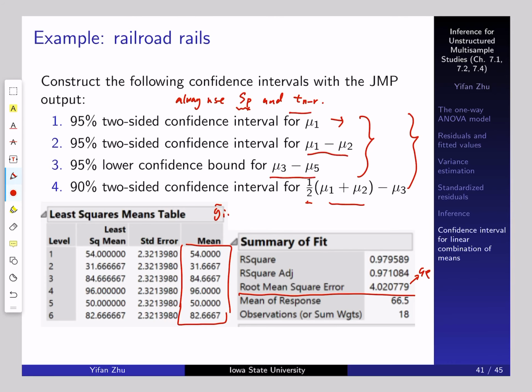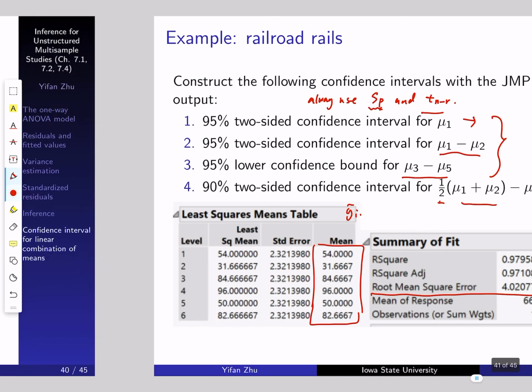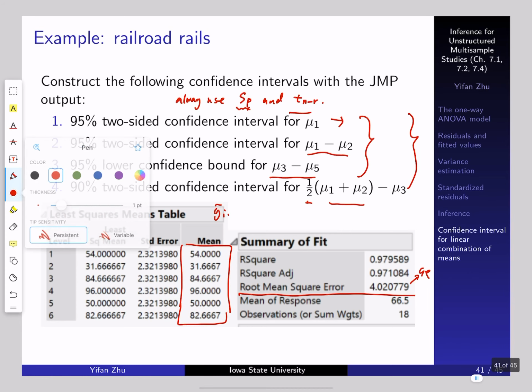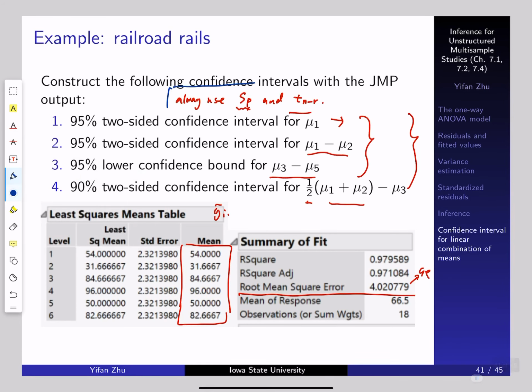Okay. So always use the SP and the T n minus R for the one-way model.